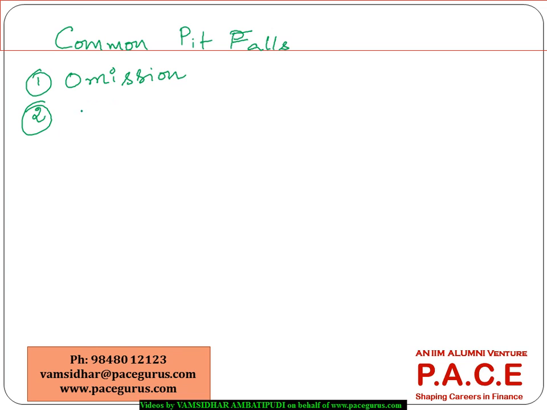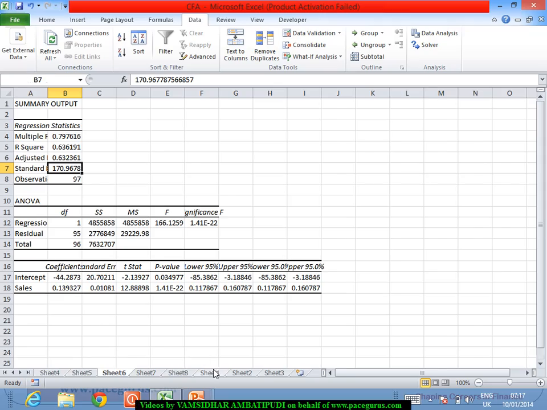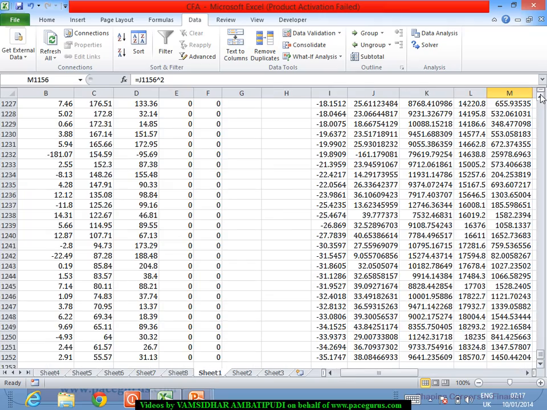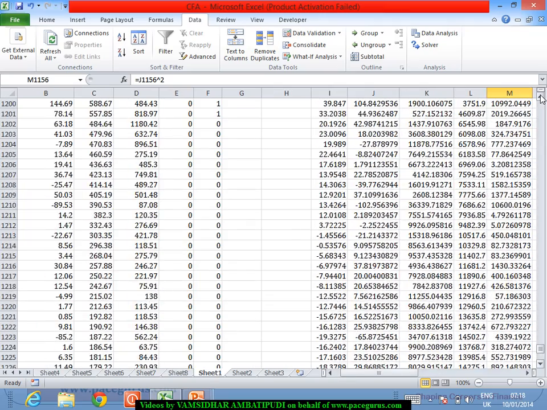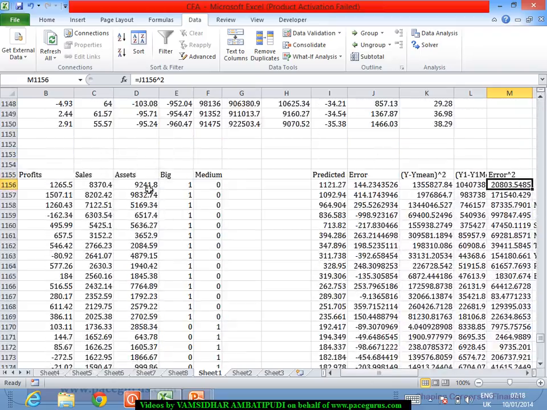In some cases, the variable in its original form may not be contributing to the dependent variable, but doing some kind of transformation on it may help. See, instead of taking the sales as it is or assets as it is, probably if I perform a logarithm on the assets, just giving an example.